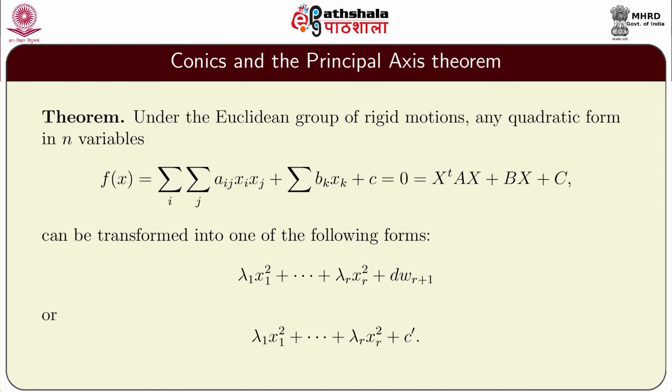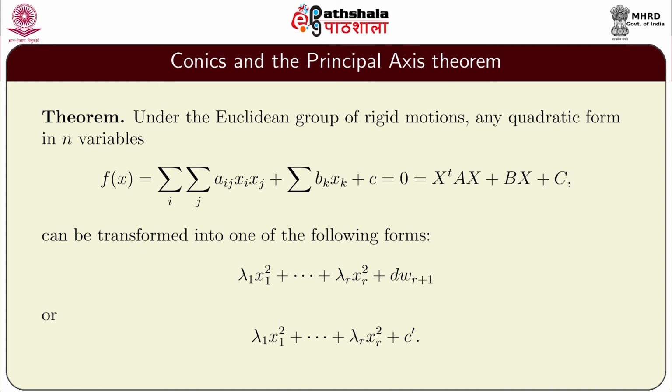Under the Euclidean group of rigid motions, any quadric in n variables can be transformed into one of the following forms: λ1 x1^2 + ... + λr xr^2 + d w_{r+1}, or λ1 x1^2 + ... + λr xr^2 + c'. Here λ1 up to λr, d and c' are constants, and x1, x2 and so on up to xr and w_{r+1} are the new set of variables which we use to put that quadric into this form.